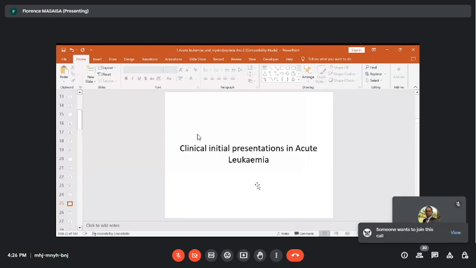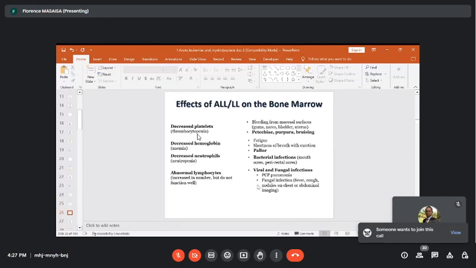Good. So again, there is thrombocytopenia with bleeding, decrease of neutrophils with infection, then features of anemia. Those are the three things to understand in summary.